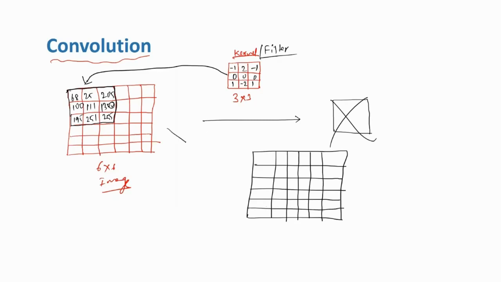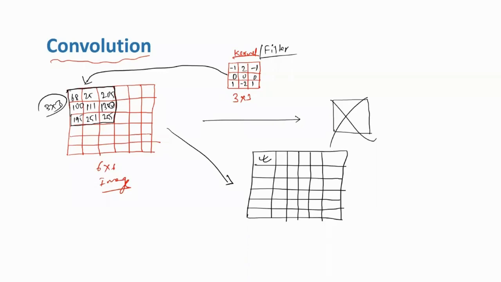So the output will be this one. Whatever the values coming from this multiplication of this kernel versus this selected 3 by 3 portion from the image, it will give you some value which will be stored here.